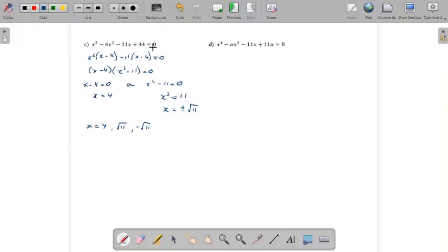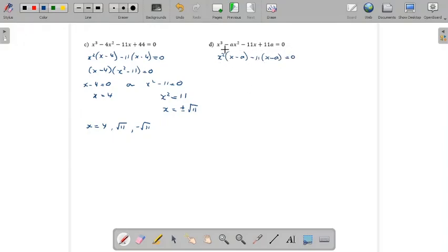This one actually is similar to what we've got here. It can be divided up by grouping. So if we take x squared outside of those first two, we'll be left with x minus a. If I take out negative 11 here, that'll leave me with x minus a as well.